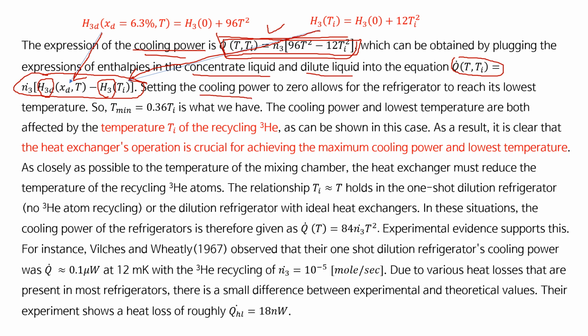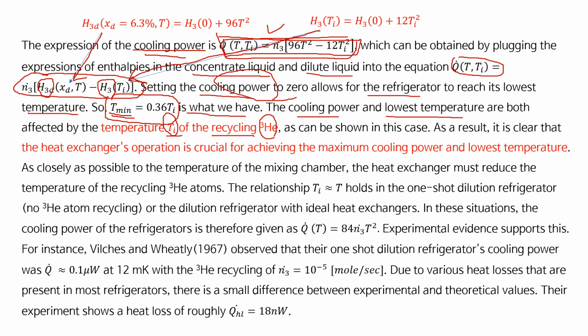Setting the cooling power to 0 allows the refrigerator to reach its lowest temperature. So if we put this 0, then we can have the lowest temperature. So the minimum temperature is what we have. The cooling power and lowest temperature are both affected by the temperature Ti of the recycling helium-3.